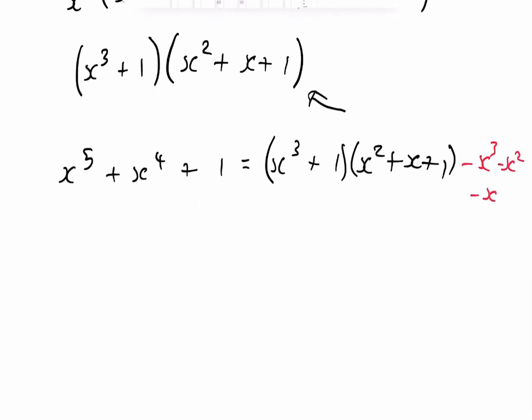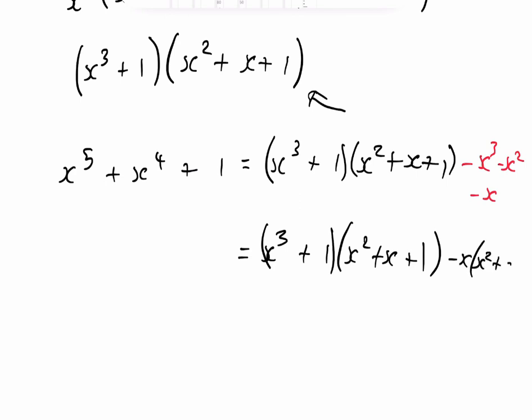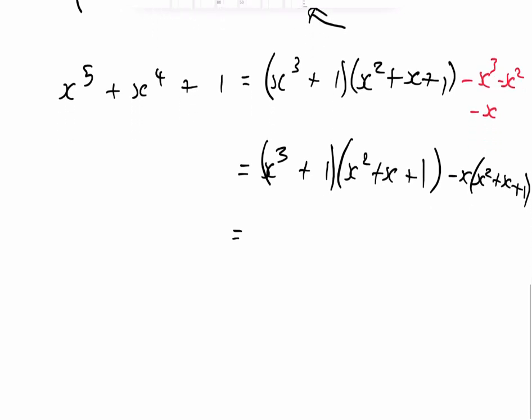And what that will allow us to write is (x cubed plus 1) times (x squared plus x plus 1) minus x times (x squared plus x plus 1). And that can then factorise to (x cubed minus x plus 1)(x squared plus x plus 1).